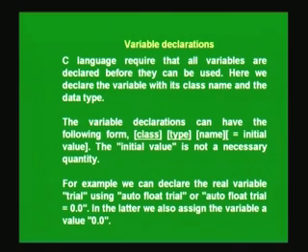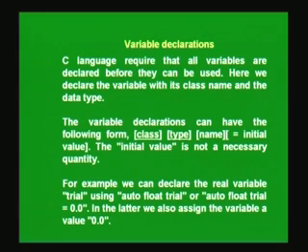For example, here I have given an example: auto, that's a class, float is a type, and trial is a name. So you could declare that as auto float trial equal to 0.0, or simply auto float trial. Both are possible.